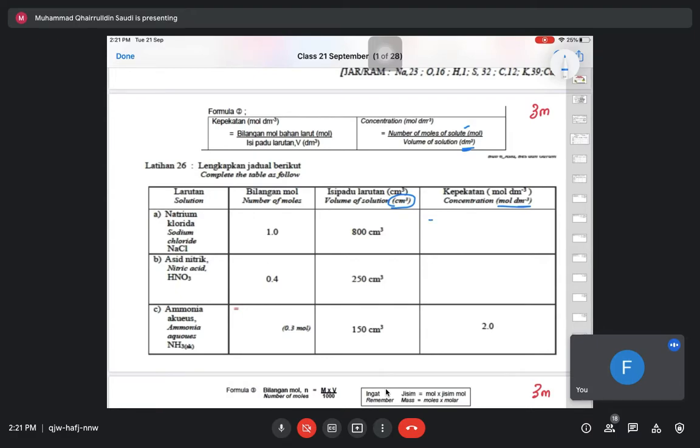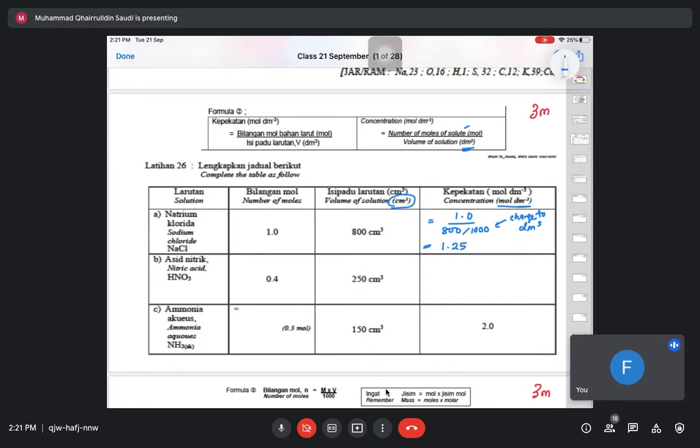So the answer will be 1.0 divided by 800 divided by 1000, because we want to change to decimeter cube. And the answer will be 1.25 what?